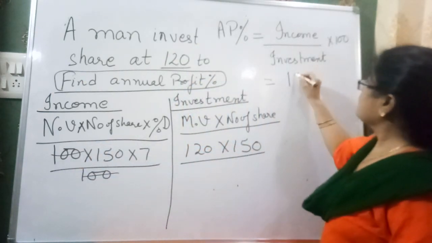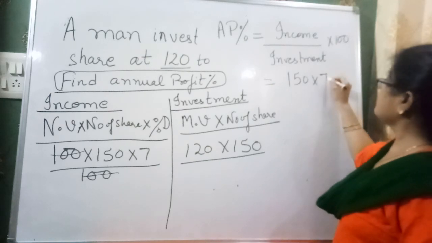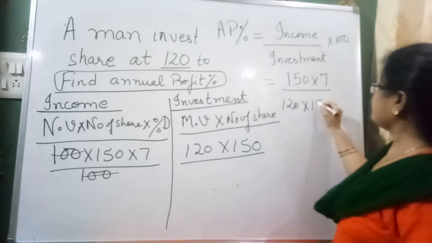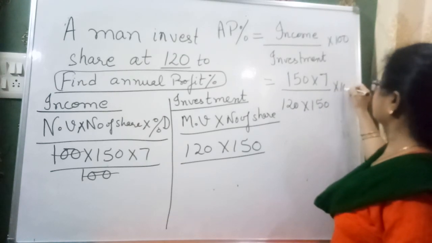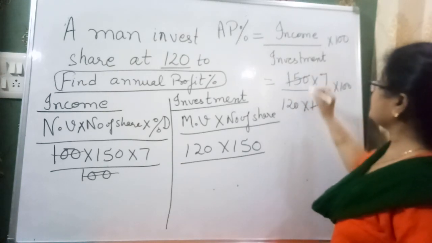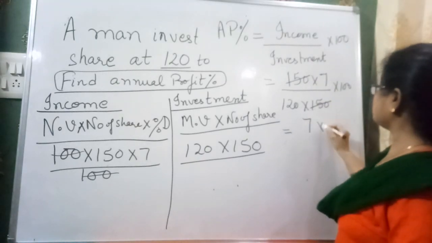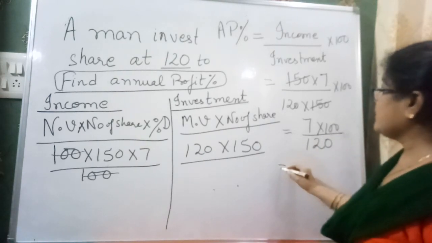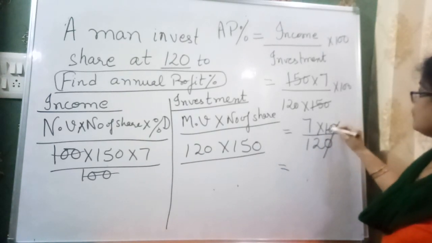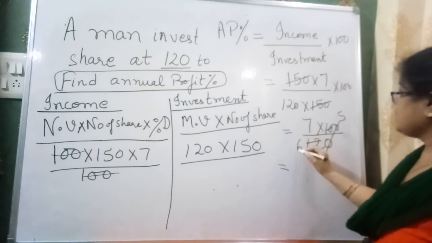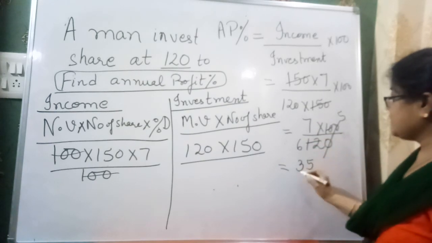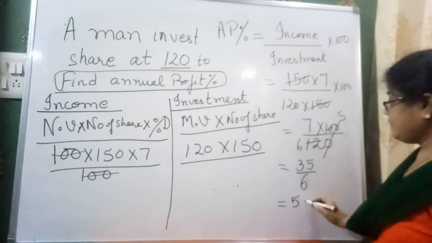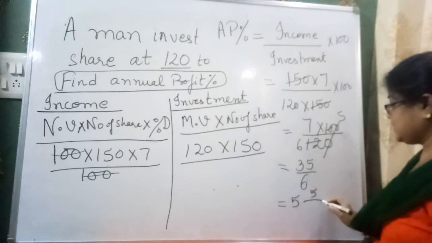That means we have 150 into 7, and in investment we have 120 into 150 into 100. Both get cancelled. We are left with 7 into 100 by 120. I think you can easily solve it. 2 5s are 10, 2 6s are 12. That means 35 by 6, that means 5 5 by 6%.